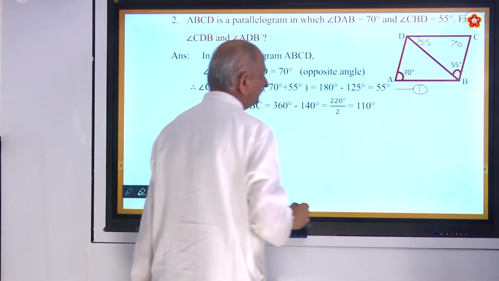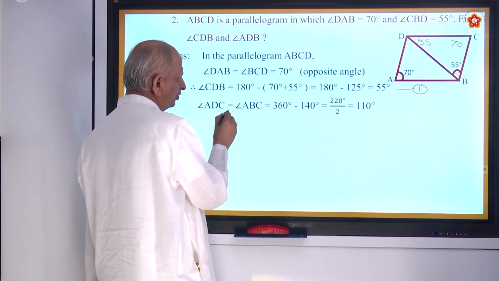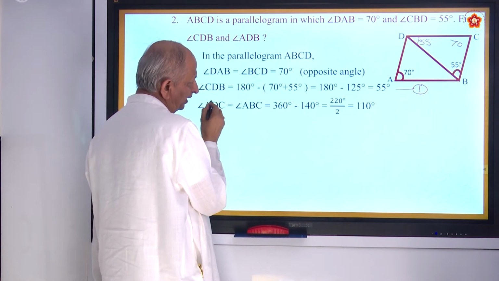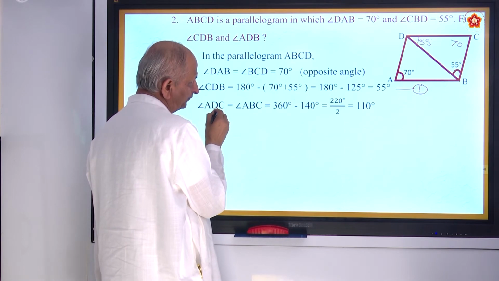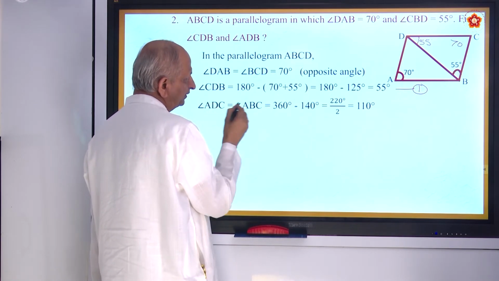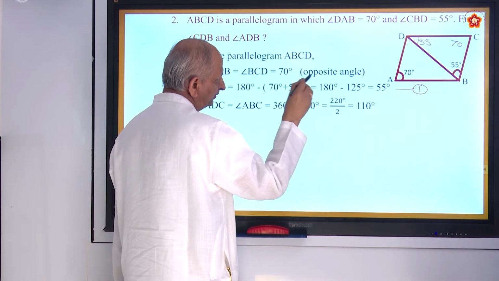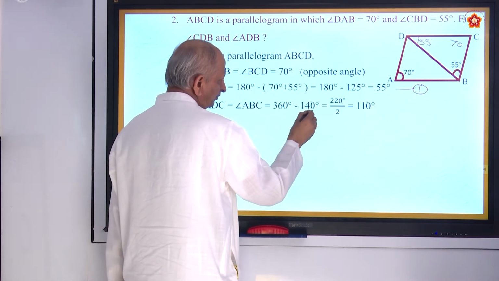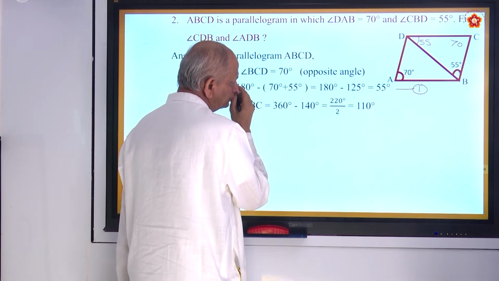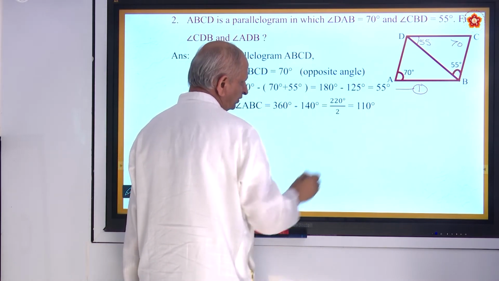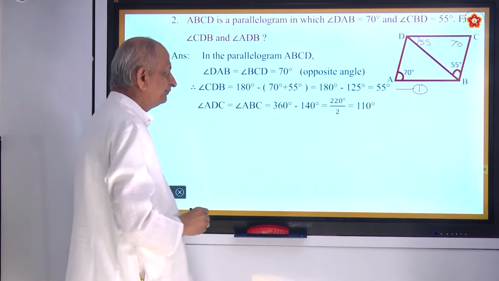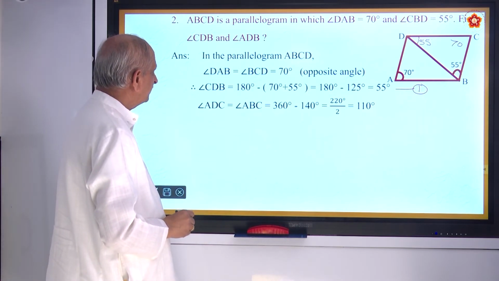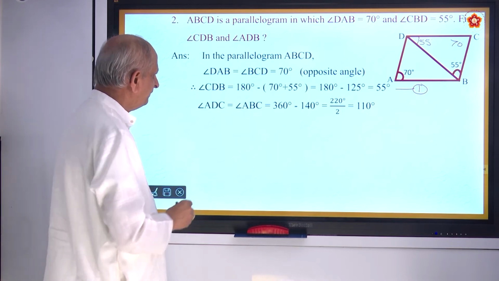ADC, this is the first answer. ADC is equal to ABC is equal to 360 minus 140, that is 220 by 2, that is equal to 110 degrees. So ADC is 110 degrees. Now you want to find out ADB.